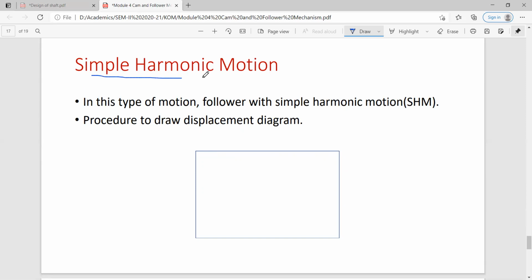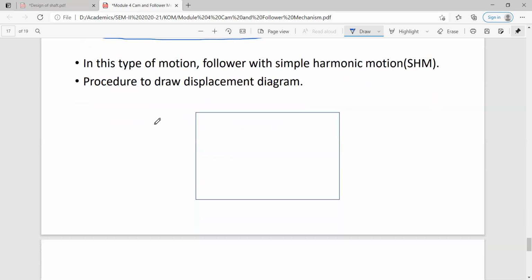So we can finish this topic, simple harmonic motion. If simple harmonic motion is given, then how to draw the displacement diagram? Again here, you draw a rectangle like this. Its length, you can take any length, but remember that you have to divide this length into an even number of equal parts. Generally we take 6 equal parts.